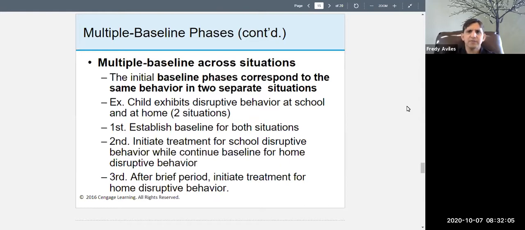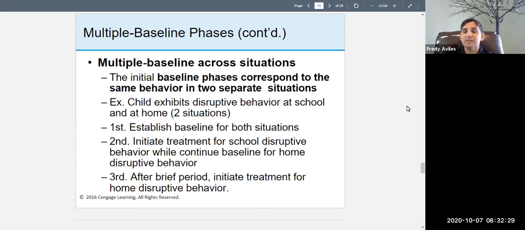Let's say disruptive behavior, the same behavior for the same person, but in separate situations, let's say at home and at school. So you're basically going to observe the normal disruptive behavior at home and the normal disruptive behavior at school. Okay, that's baseline. So the child exhibits disruptive behavior at school and at home. Those are the two situations.